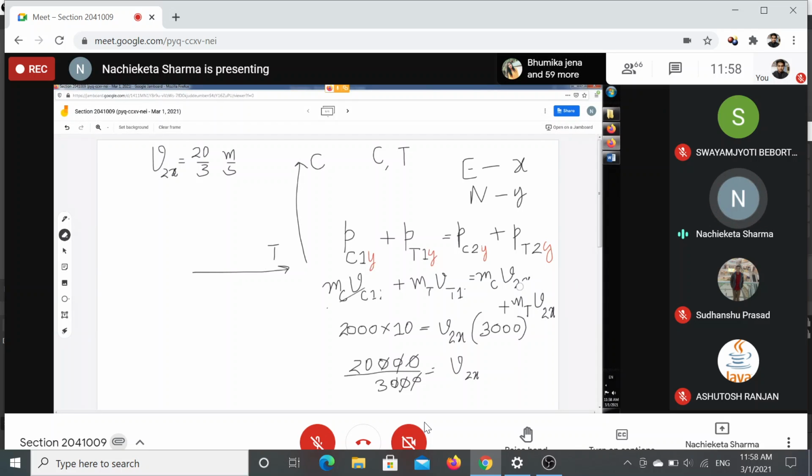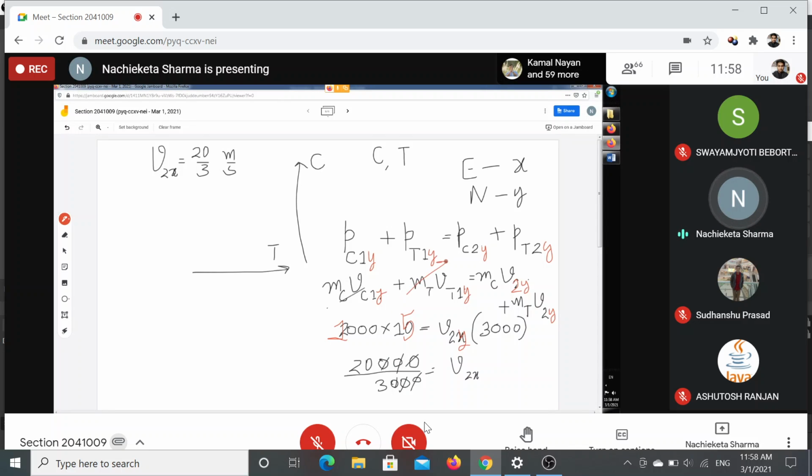And this x is replaced by y. So I will represent it by y. This is also y, v2y. Same v2y. Here also this is y. So this is 1000 into 15, isn't it?